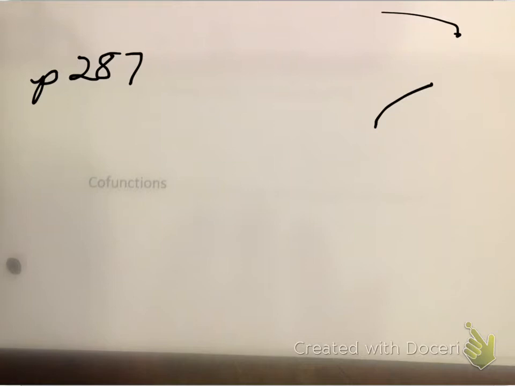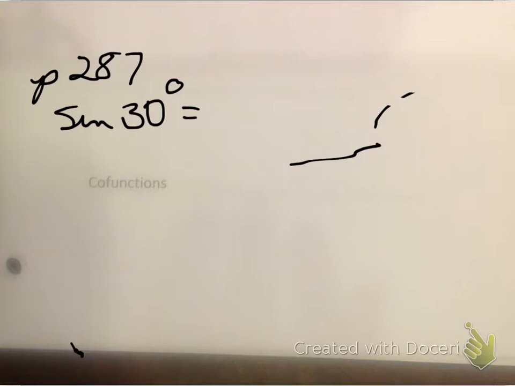The pattern is the cofunctions. If you look at the table, at sine of 30 degrees, the sine of 30 degrees is the same thing as the cosine of 60.